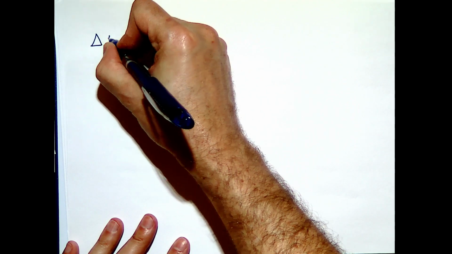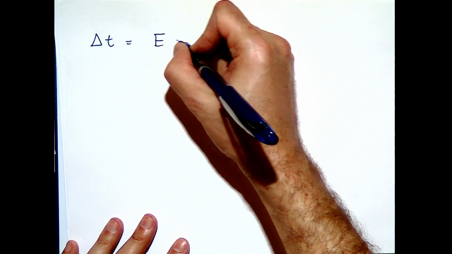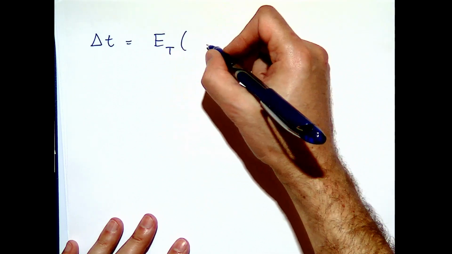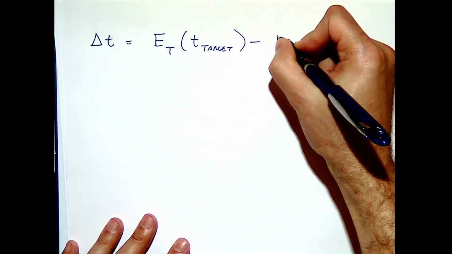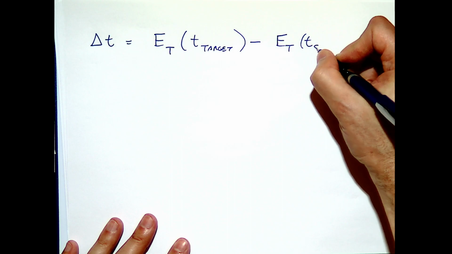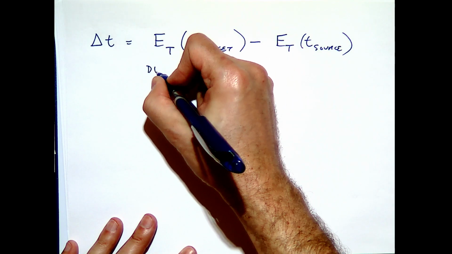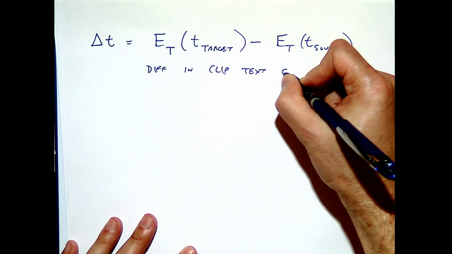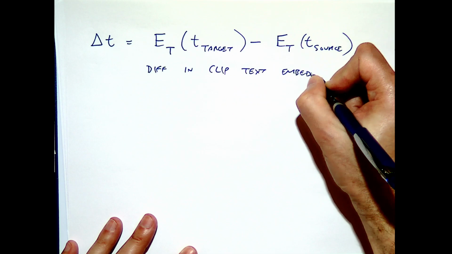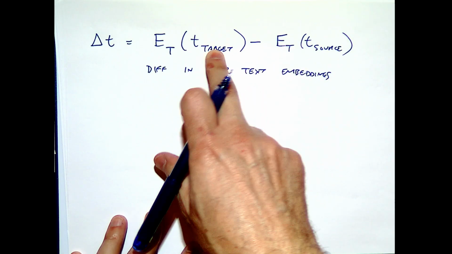My delta t is the embedding of the text of where I want to go minus the embedding of the text of where I started. So it's just the difference in CLIP text embeddings. For example, this would be a cartoon character of a man, and this would be a man.